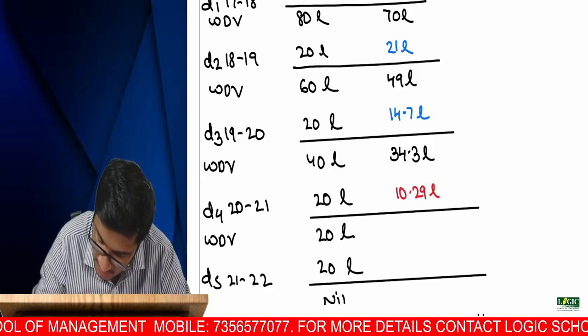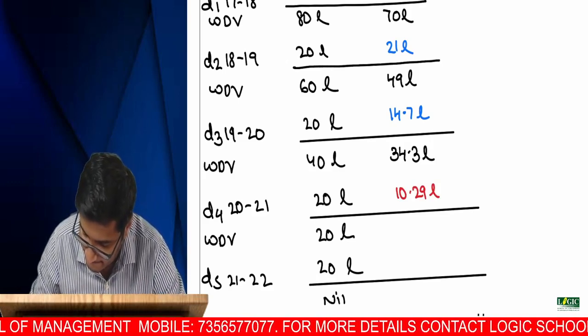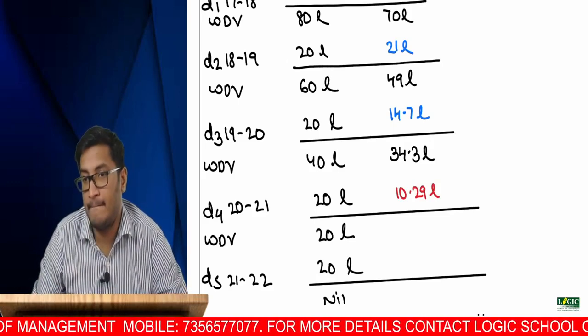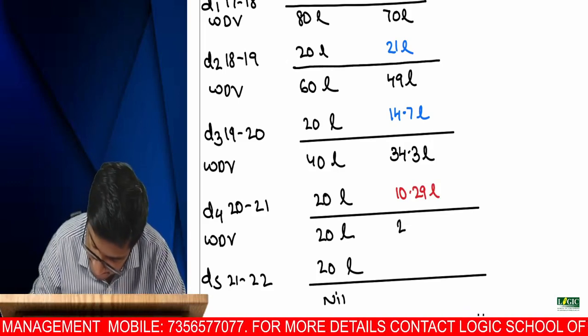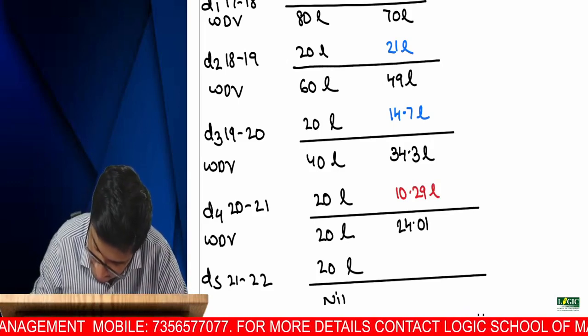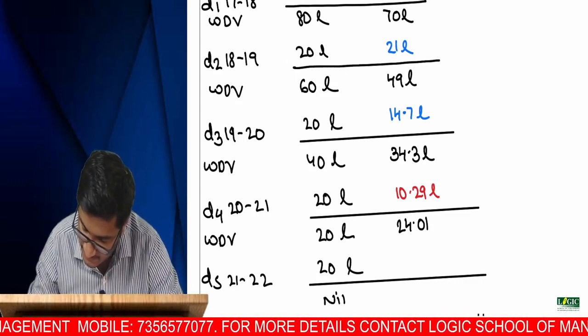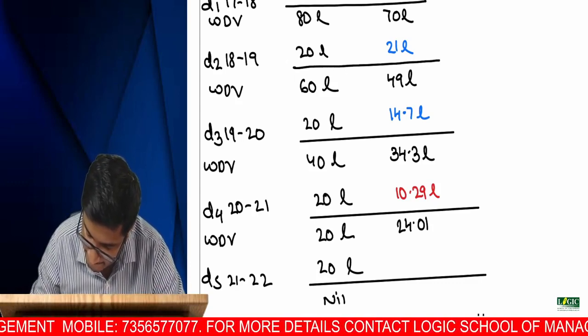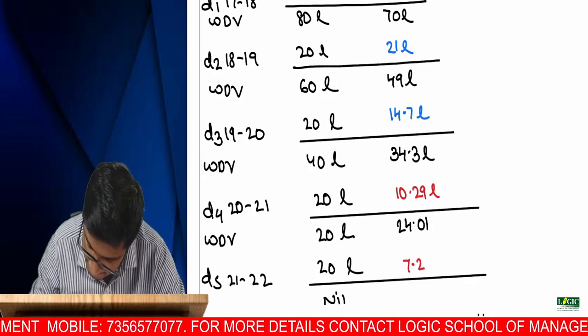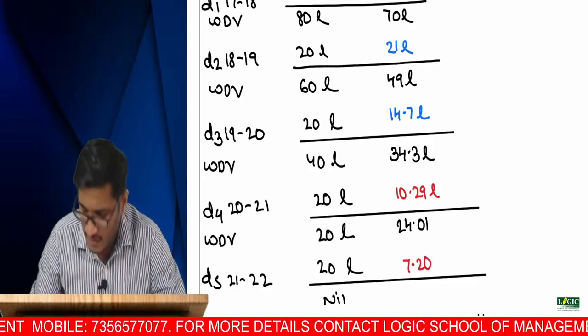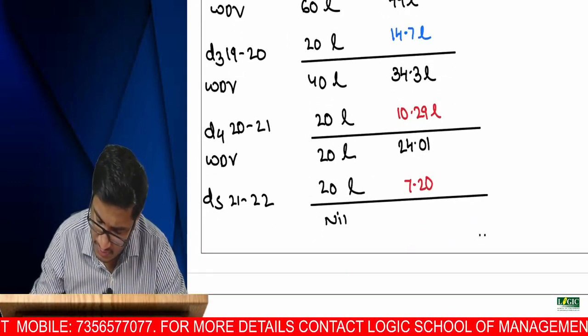What is WDV? And what is the last depreciation? 20. Let's write 20. Okay.